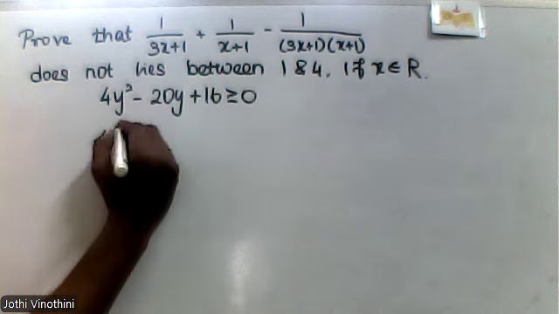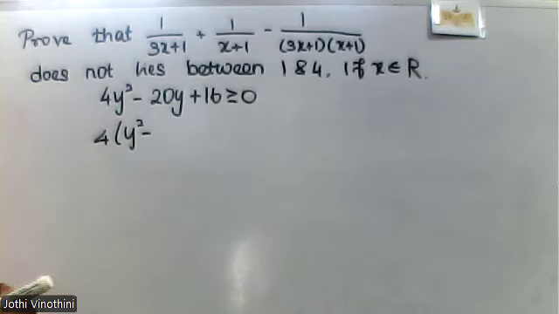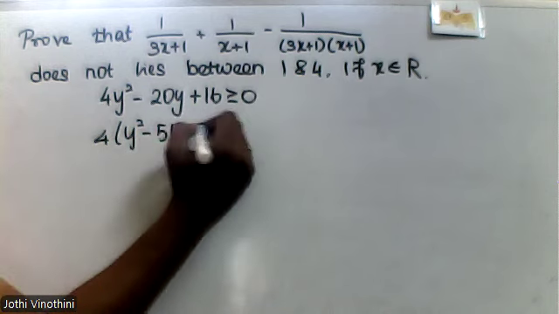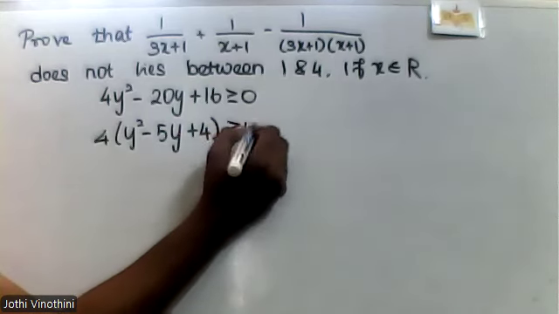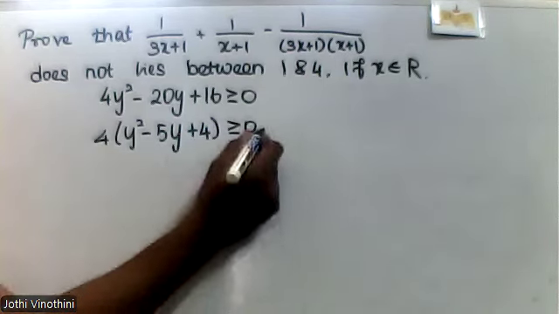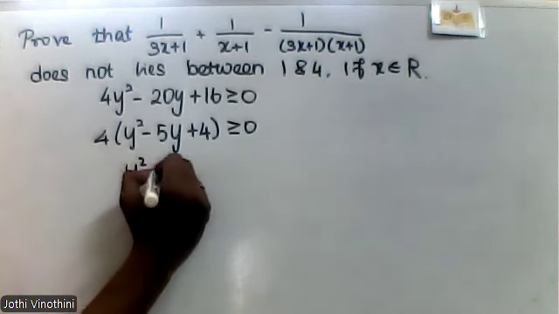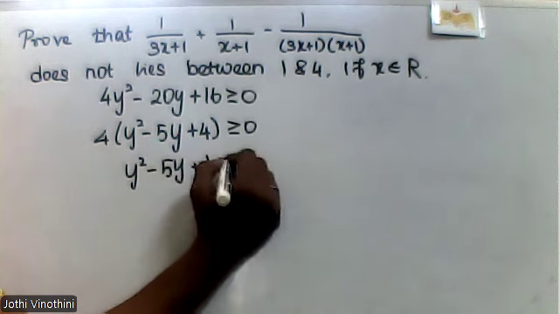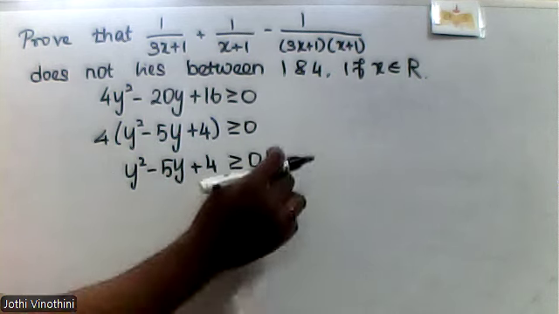When we take 4 as common, it becomes y squared, then 5y, since 5 multiplied by 4 is 20, and 16 is 4 4s, so it becomes 4, greater than or equal to 0. Now we take this 4 to the other side, so it becomes y squared minus 5y plus 4 greater than or equal to 0 by 4. 0 by anything is again 0.